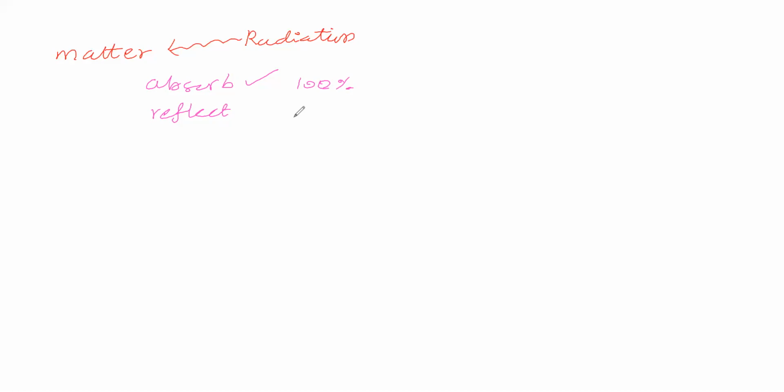So here generally matter is given. Is the matter absorbing radiation or reflecting radiation? It is partially absorbing and partially reflecting. So when radiation falls over the matter, it is absorbing radiation as well as reflecting the radiation.